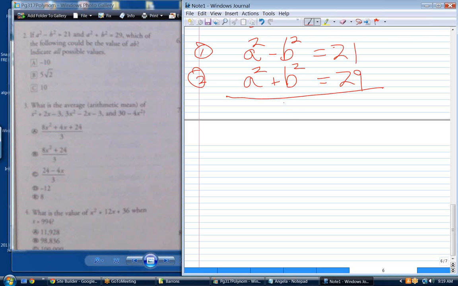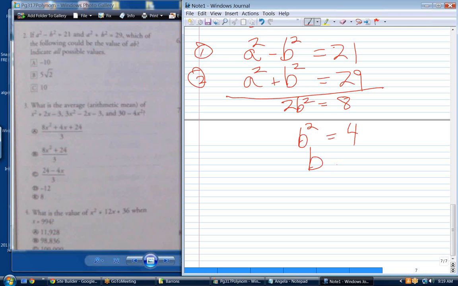Okay, you end up with 2b squared equals 8. So it's going to be the same thing. Oh, yeah, I added them. I'm subtracting them. That's okay. You don't have to subtract them. We could go up here and multiply by -1 and then add them. It just kind of saves a step by subtracting them instead of adding them.